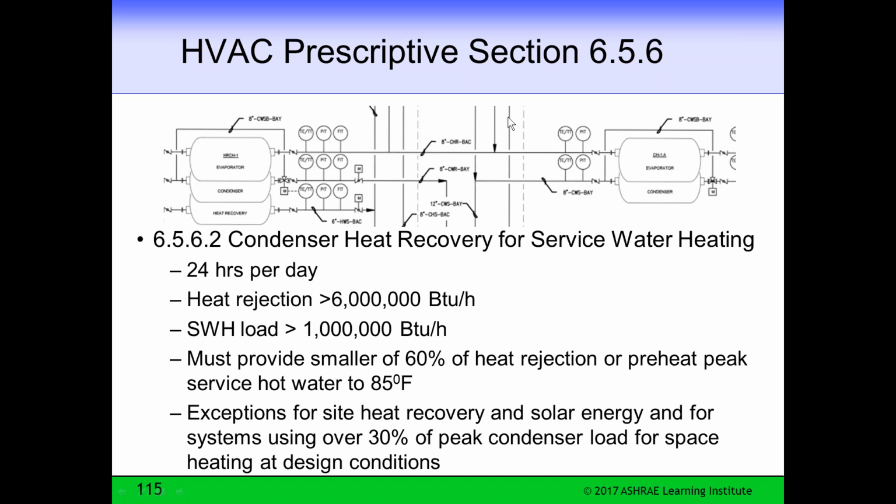Well, the requirements of 90.1, which I help write, unfortunately, don't have an exception saying, well, wait, if you're only using that 1 million BTUs for 2 hours a day, and wait, it's actually a manufacturing plant, but service water heating.